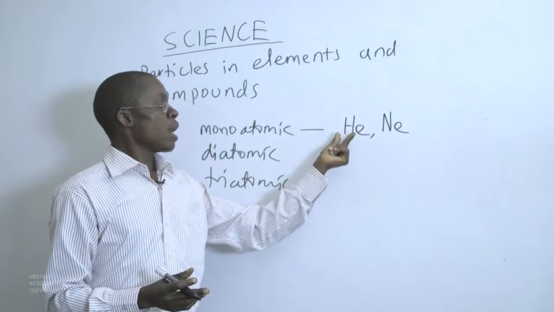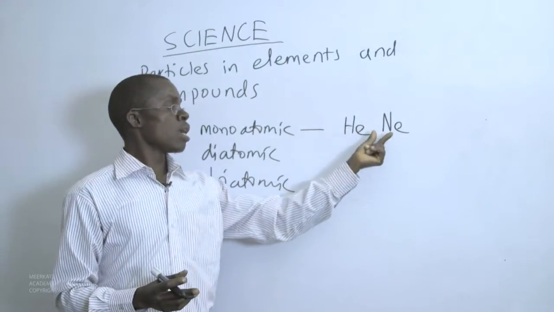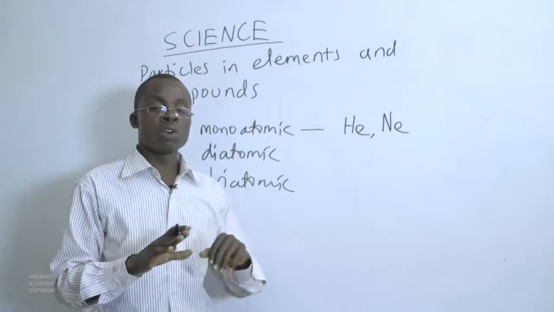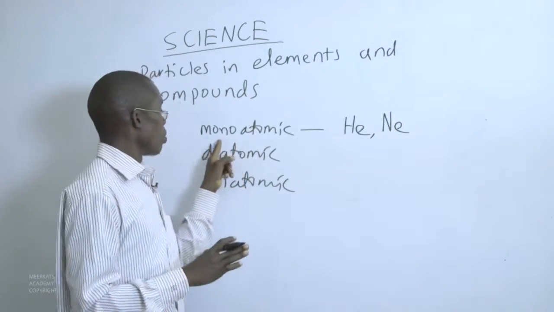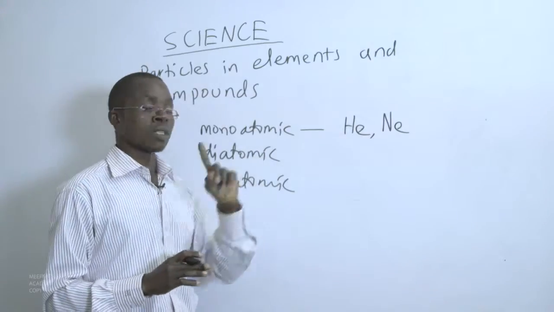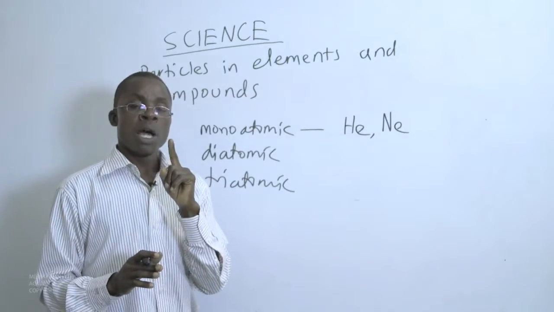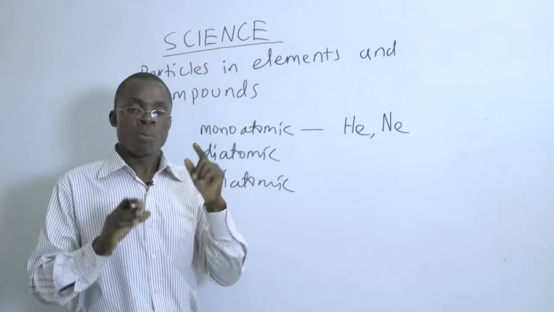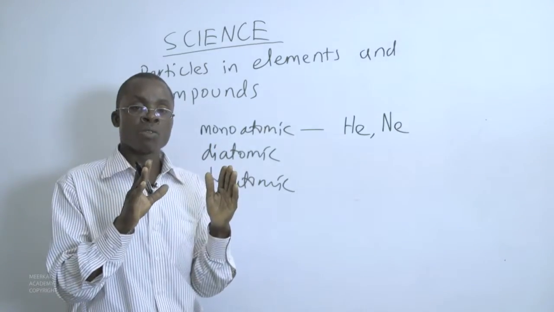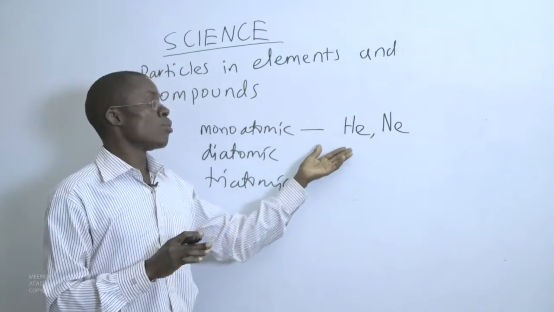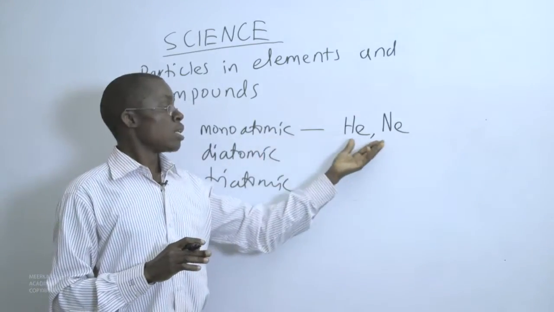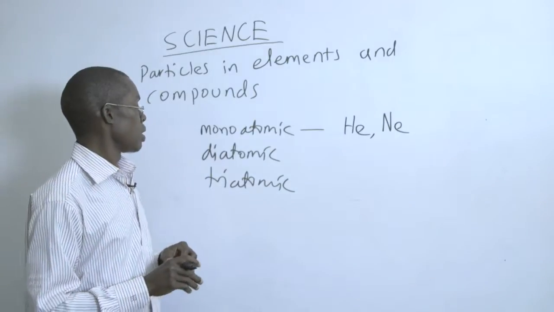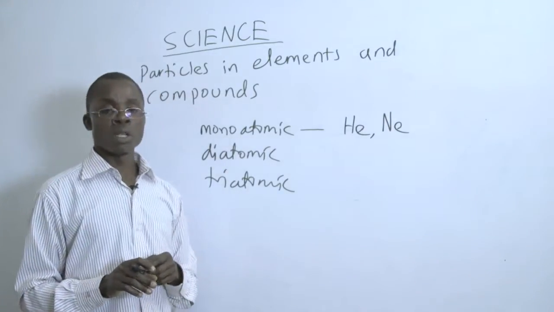Because the atoms of helium or the atoms of neon exist on their own as one. Mono means one. So they exist as one. And since they are existing as one, but in a gaseous state, we call them monoatomic gases. These are noble gases.